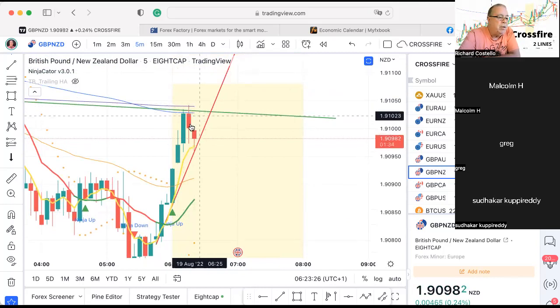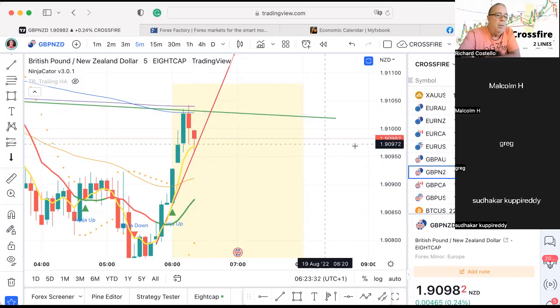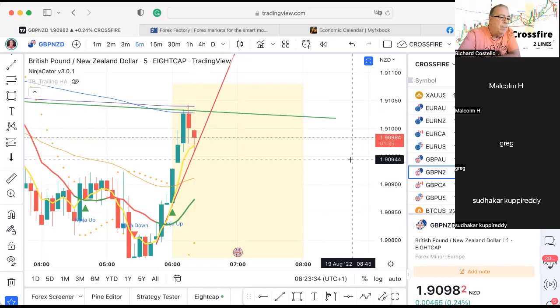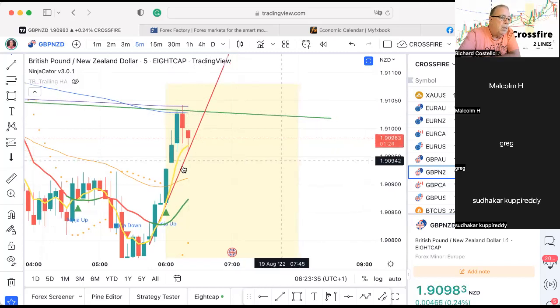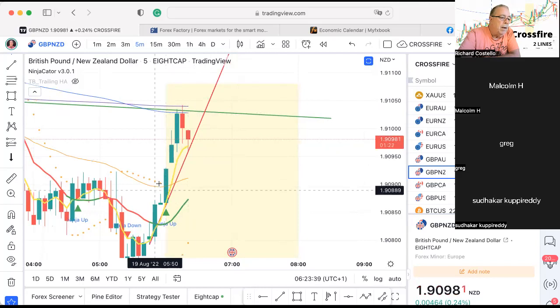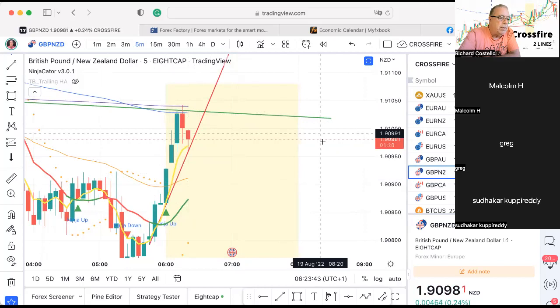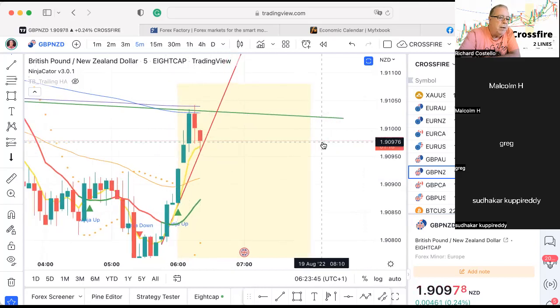So price is rejected from that, and again, it's still in between the green and the red. So even though the PSARs are quite a distance from the wick, from the candles, aren't they? That's right. Yeah. So we're not interested in those at the minute.